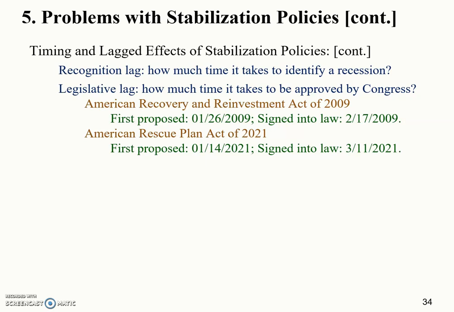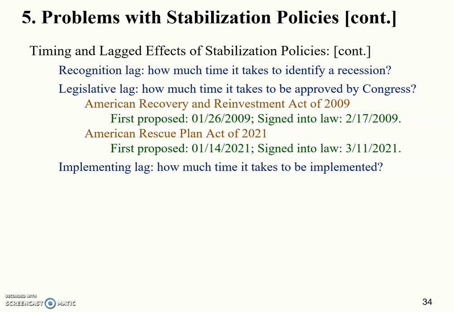Because as we said before, we want to fix it as quickly as possible before it causes more damage to the economy, right? So that's the legislative lag. We also have the implementing lag. That means how much time it takes to be implemented.